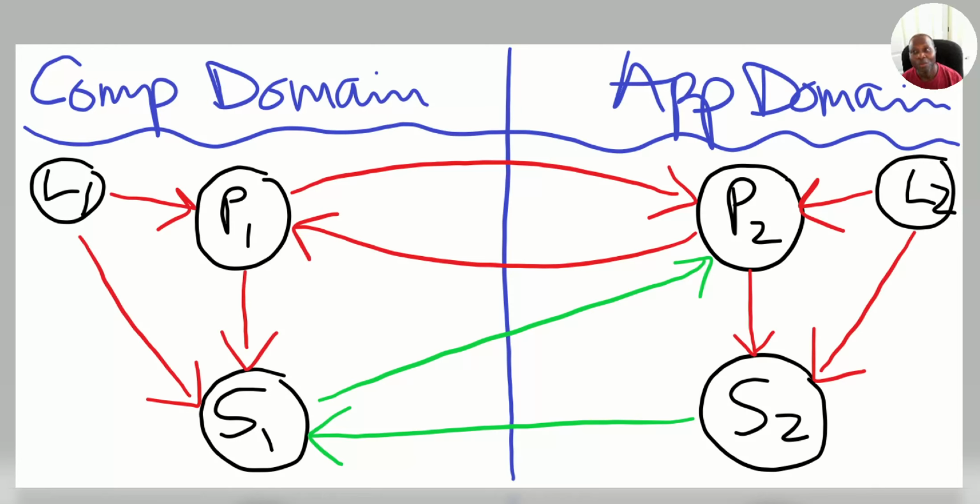So when you write research papers, you match your paper to the target audience, and that target audience may not really be interested in your computing domain.